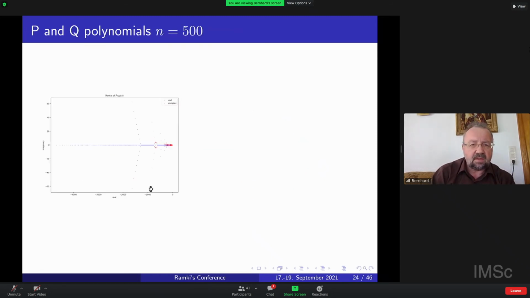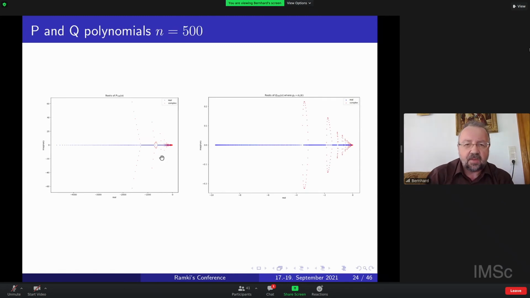Now this is just to see, here is the case of p, that means x divided by n, and here we have the q, that's x divided by 1. And somehow here you see this goes to infinity, but the q polynomial seems to be quite easier to handle.